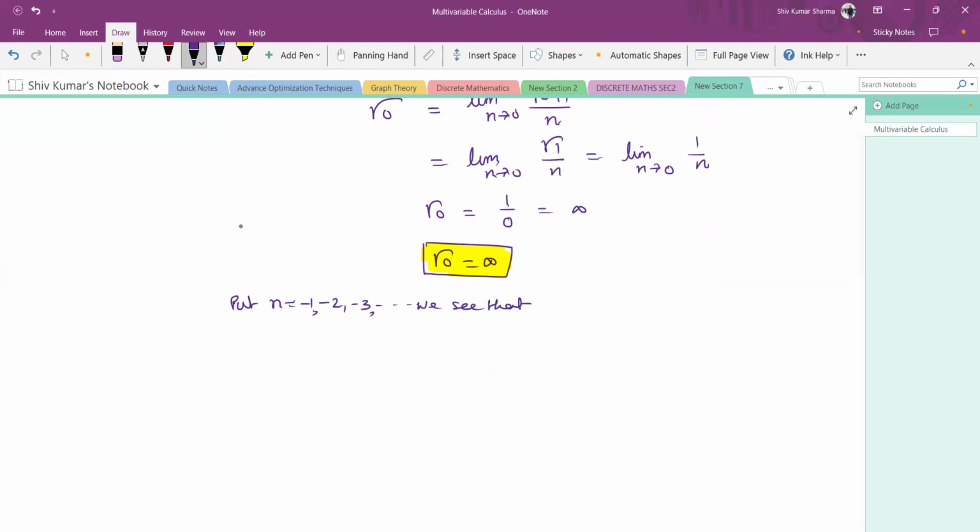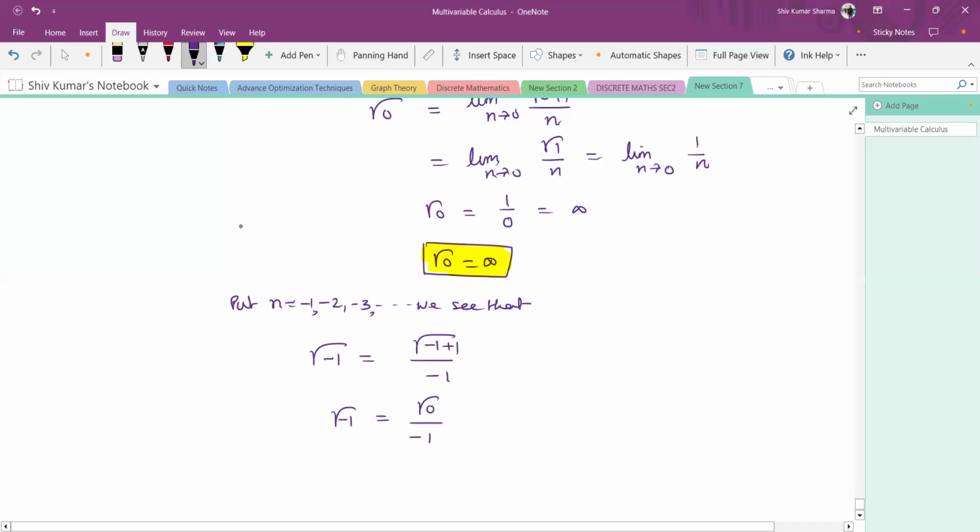When we put n equal to minus 1, gamma minus 1 is equal to gamma n plus 1 upon n, that is minus 1 plus 1 upon minus 1. So this gives us gamma minus 1 is equal to gamma 0 upon minus 1. The value of gamma 0 is infinity, and infinity upon minus 1 gives us infinity.